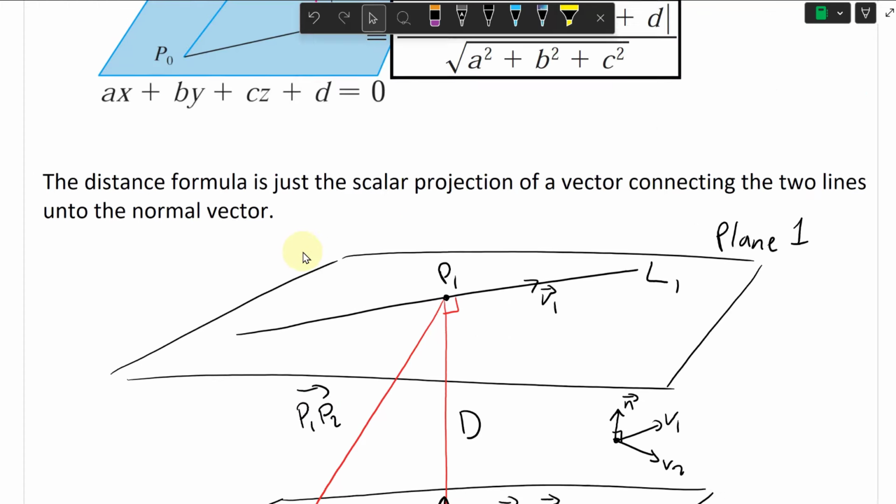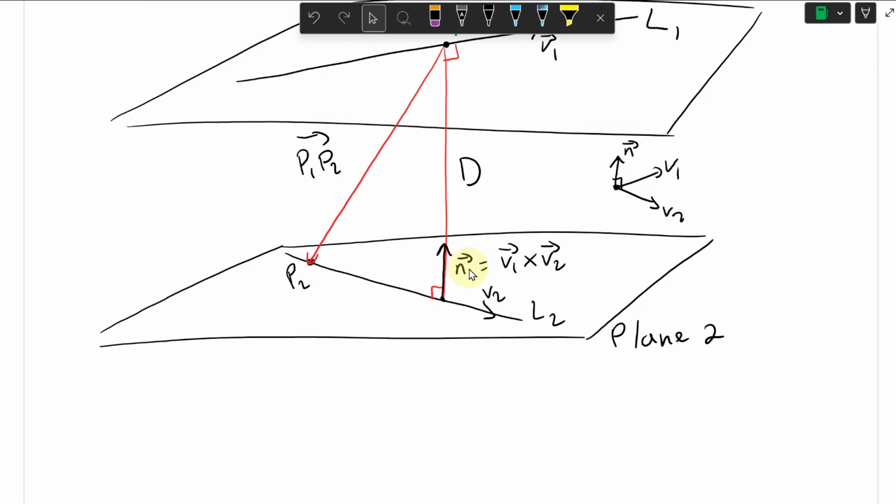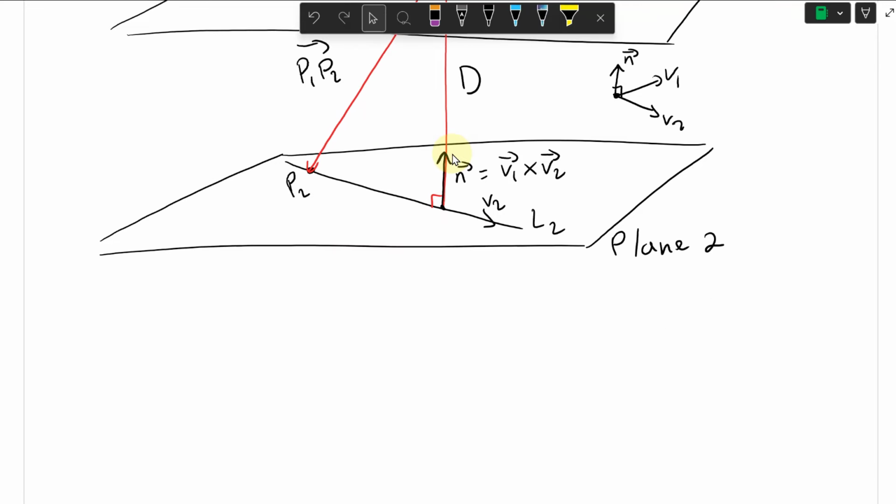And then the distance is just going to be the scalar projection of this P1 P2 along the D, right there, along the normal vector. So that's the distance. I'll write that in the scalar vector format. So distance equals the component along the normal vector n of the P1 P2, like this.